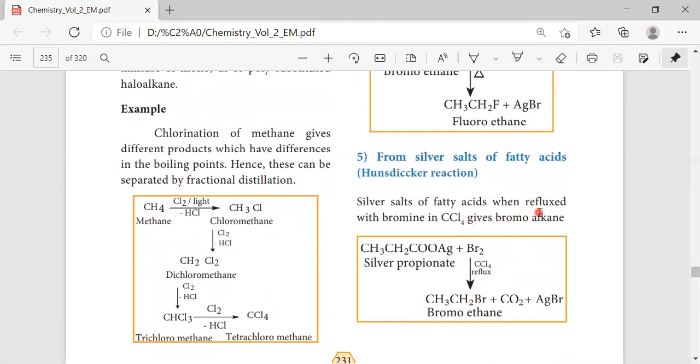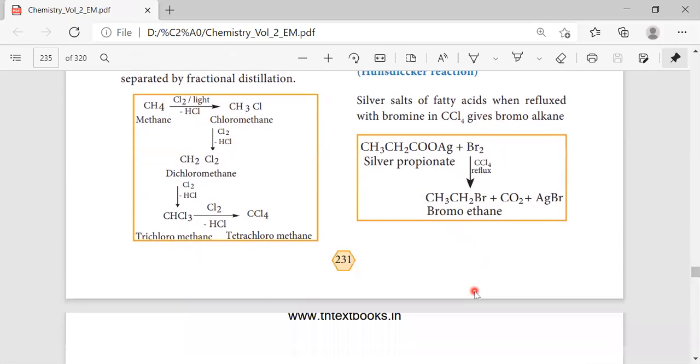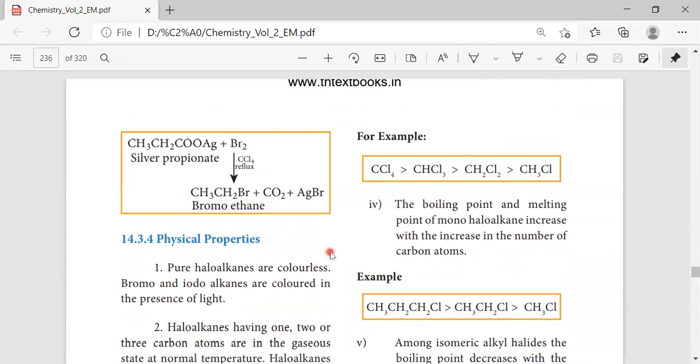Next, from silver salts of fatty acids, this reaction is said to be Hunsdiecker reaction. Here, silver propionate on reflux with bromine in carbon tetrachloride leads to form bromoethane with the elimination of carbon dioxide gas and silver bromide.